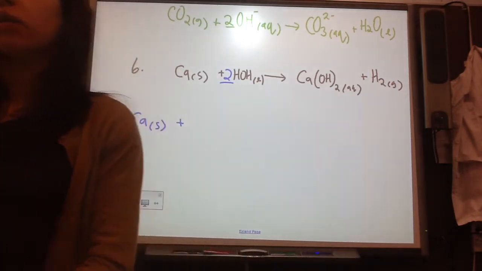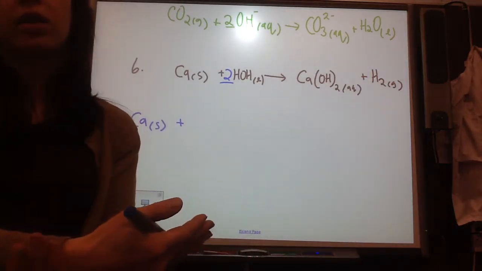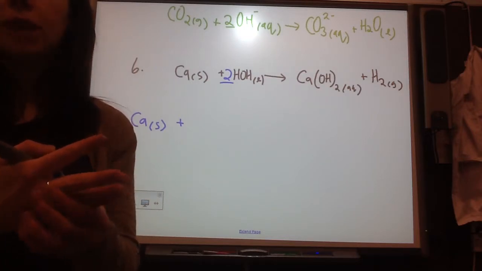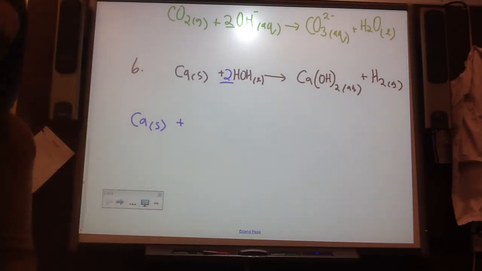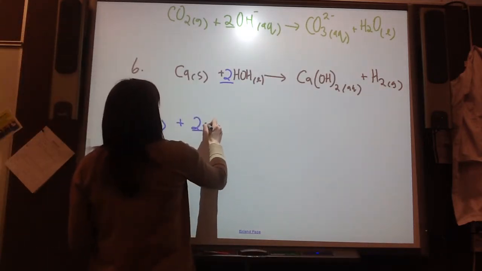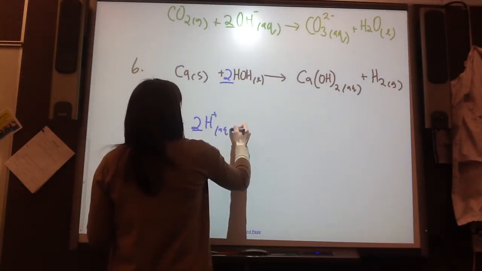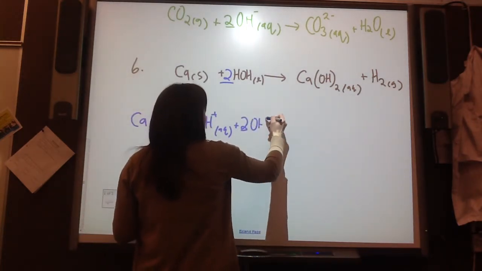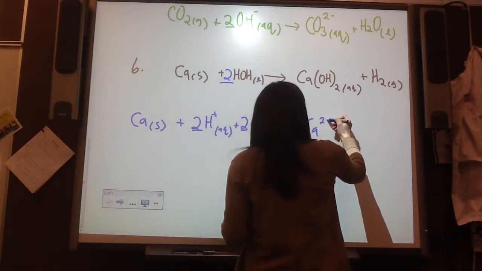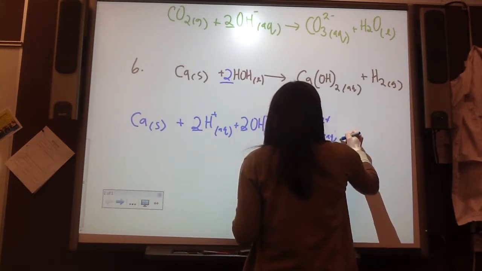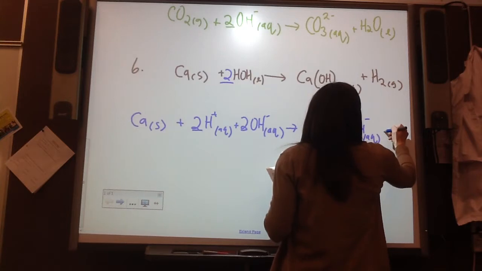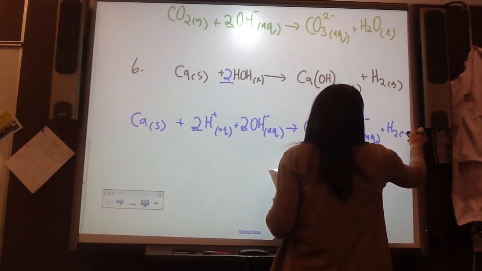This is a bit advanced because we say that water actually does ionize, just a very small amount. So let's put here, we have 2H plus aqueous plus 2OH minus aqueous gives us Ca2 plus aqueous plus 2OH minus aqueous plus H2 gas.